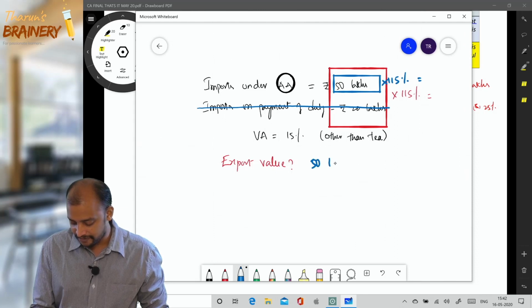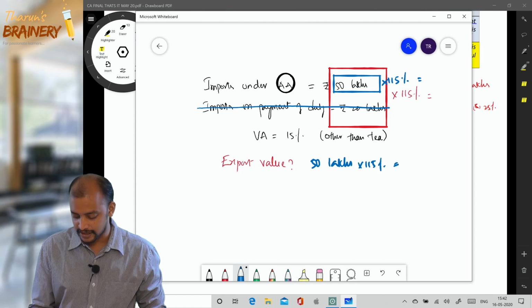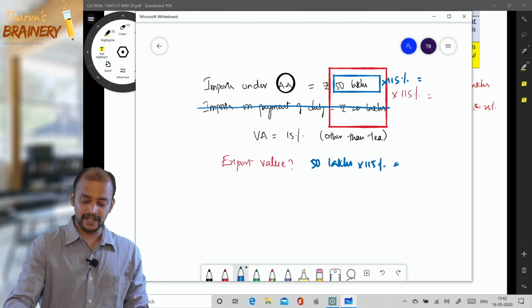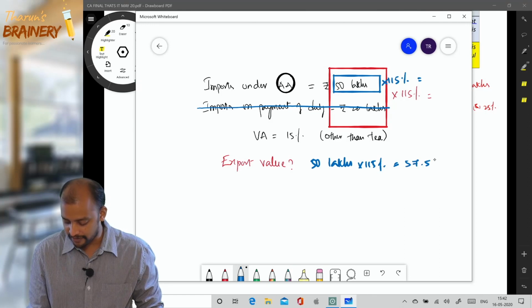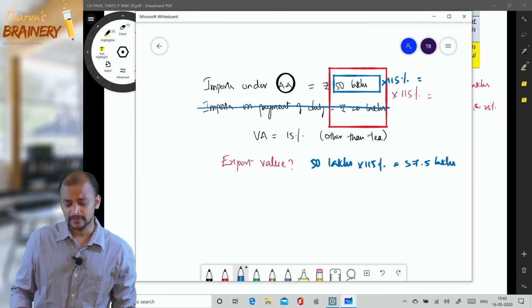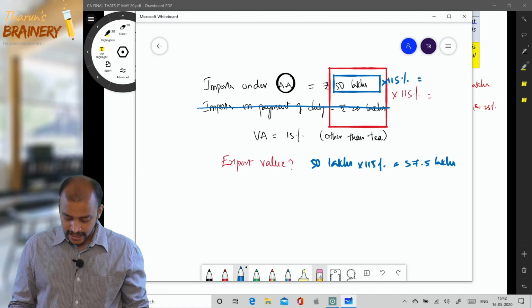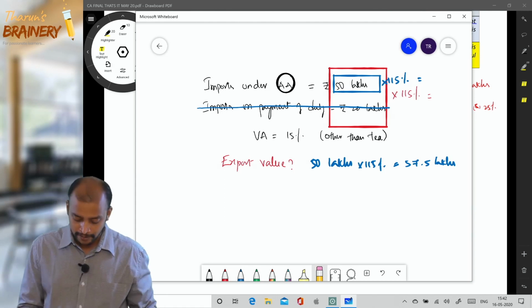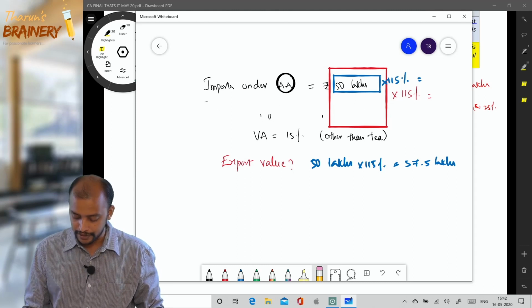You take 50 lakhs into 115%, or 50 lakhs plus 15%, both will be the same. 57.5 lakhs should be the export value. Done. Now, another case: what if it is not export, that is, import on payment of duty? It is not import on payment of duty here.